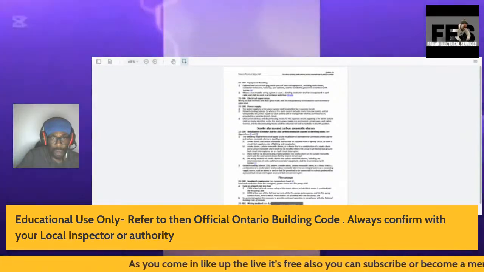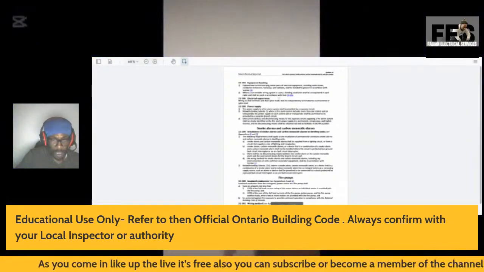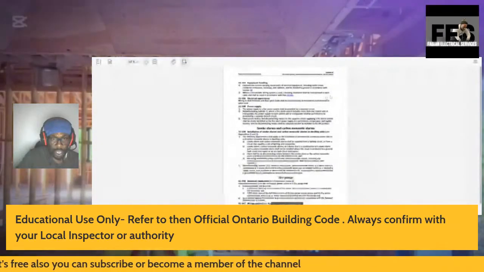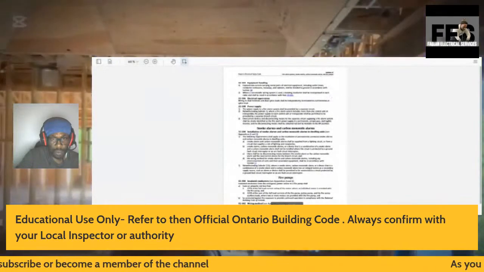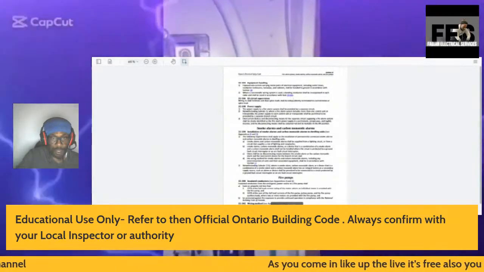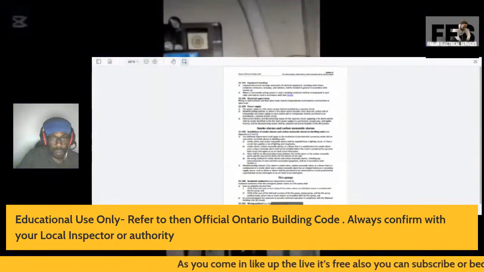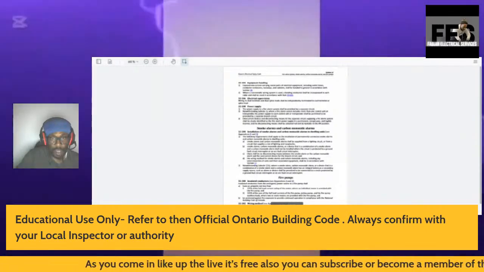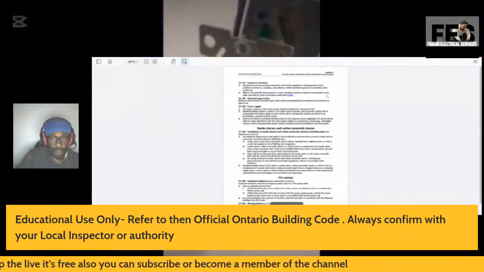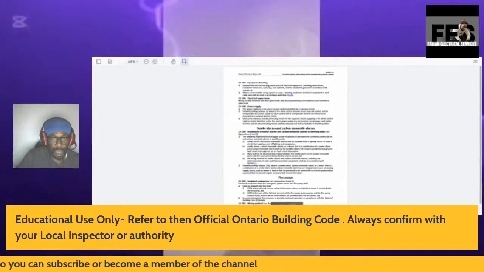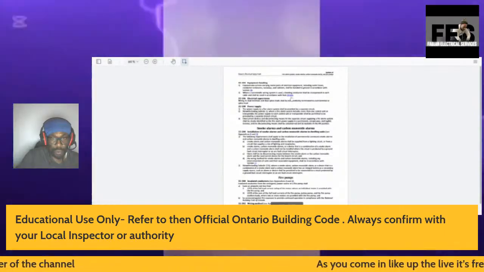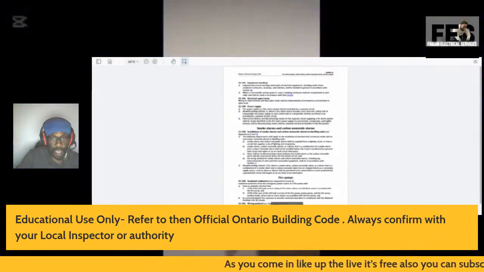Where a non-metallic wiring system is used, a bonding conductor shall be incorporated in each cable and shall be sized in accordance with Rule 10-616.